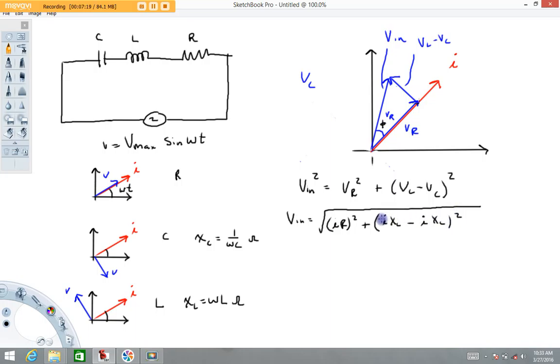Now, you have an I squared here, effectively, so this can be factored out. When we take I and factor it out and then square root it, we get the input voltage is equal to I times the quantity square root of R squared plus (X sub L minus X sub C) squared.